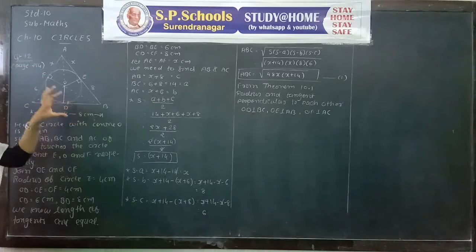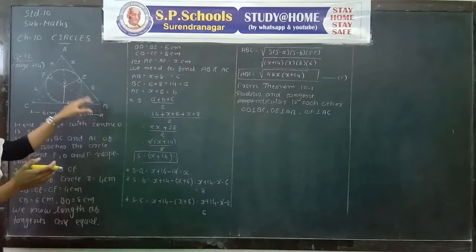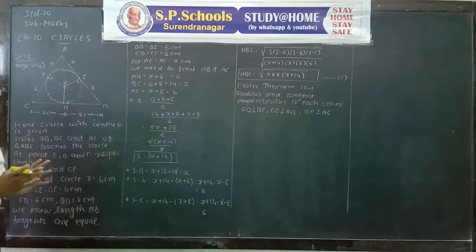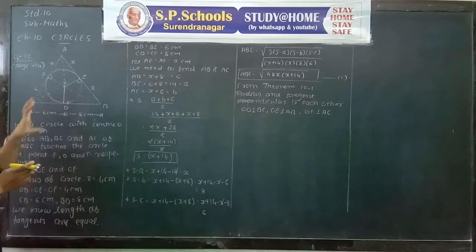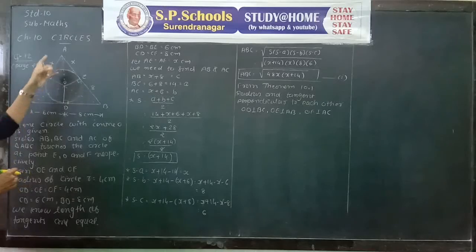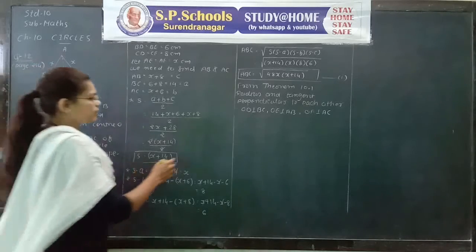BC is the base. Triangle ABC is divided into 3 smaller triangles AOB, BOC and AOC. The addition of the areas of these 3 triangles gives the area of ABC. First of all, find the area of AOB.